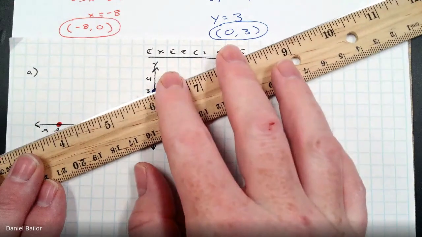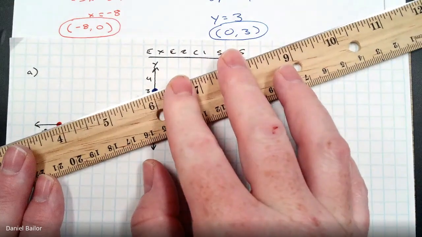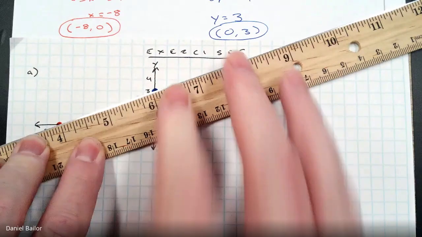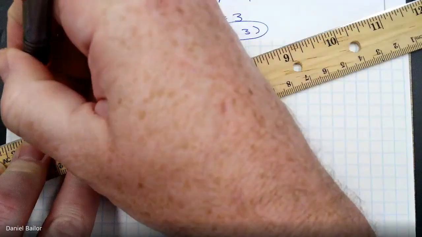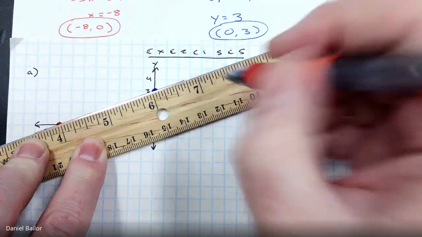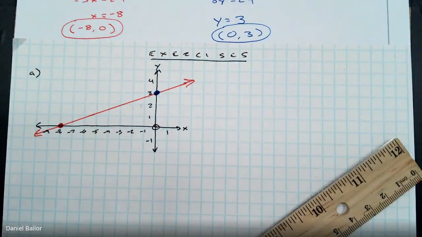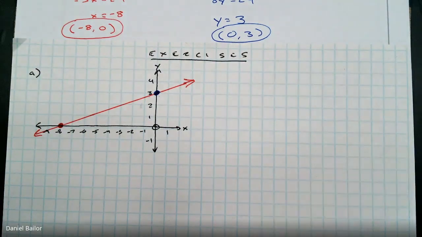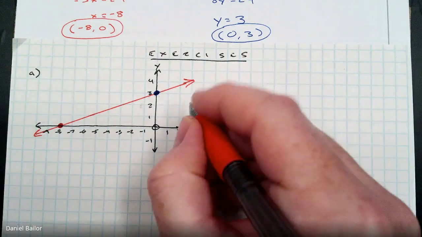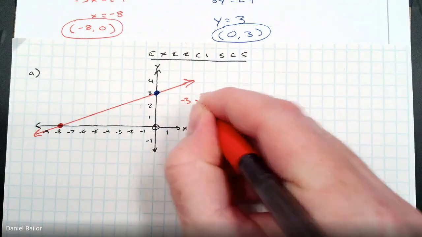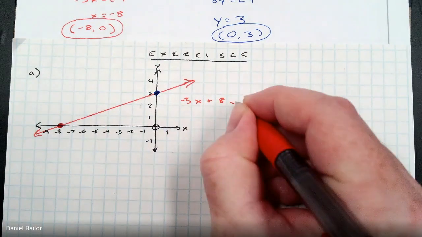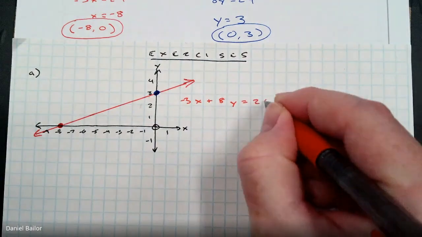I'm going to be as careful as I can. Make sure I'm as accurate as possible. And there is my line. So that line is right here, negative 3x plus 8y equals 24.